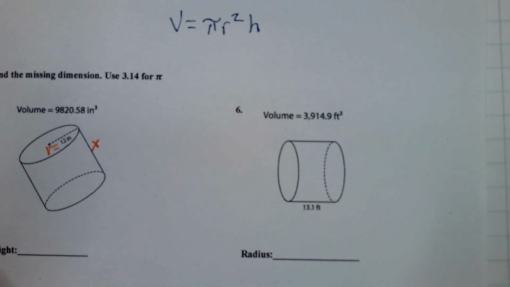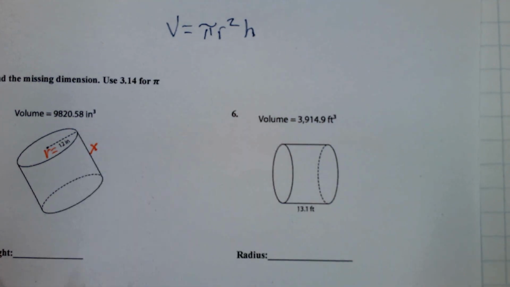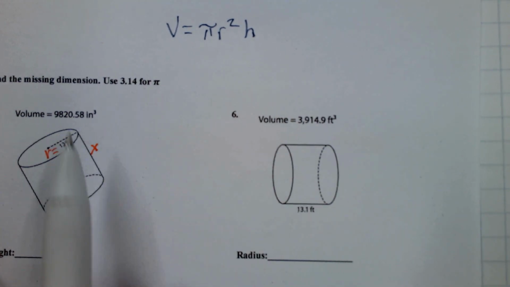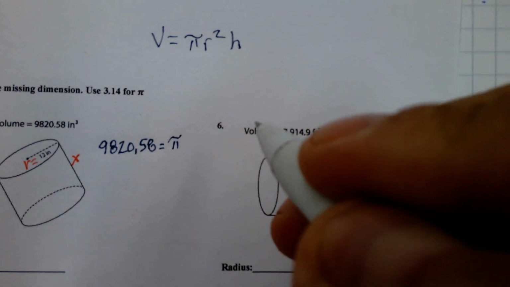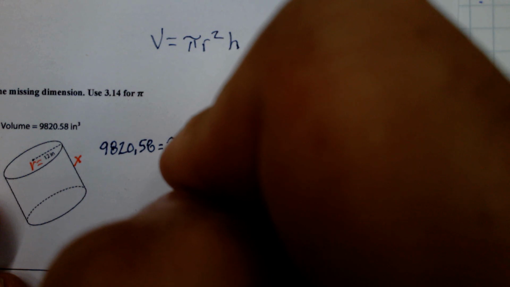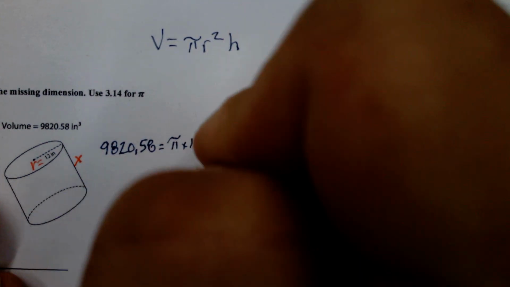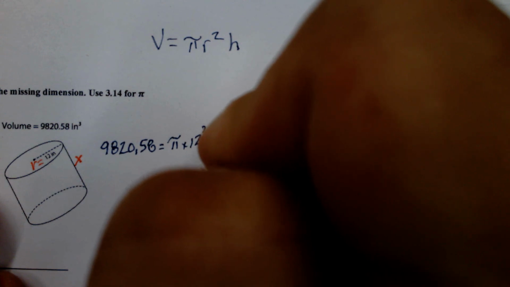So we know the volume. So replace volume with 9,820.58 times pi. Actually, I think it'd be easier just to do it times 12 squared times x.